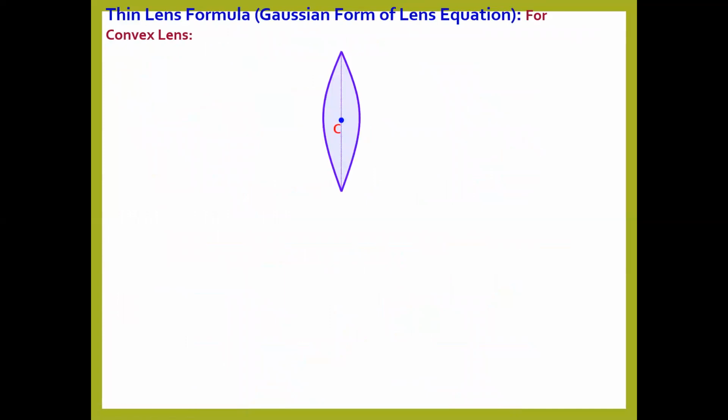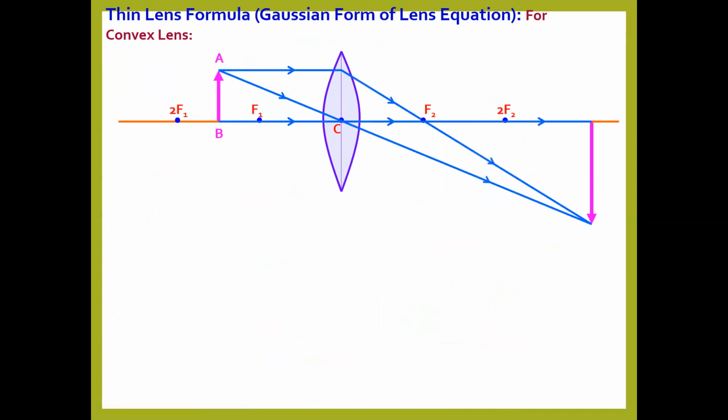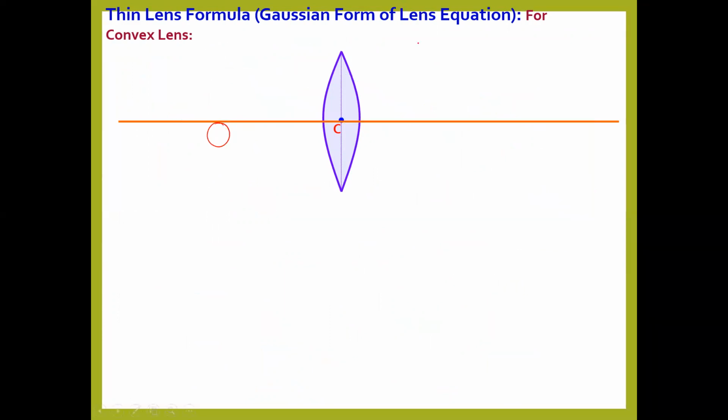Now the thin lens formula, also known as the Gaussian form of the lens equation. This is a convex lens, and while drawing figures you have to remember a few things. First of all, we have placed the object at a point. You have to draw a lens and its center.